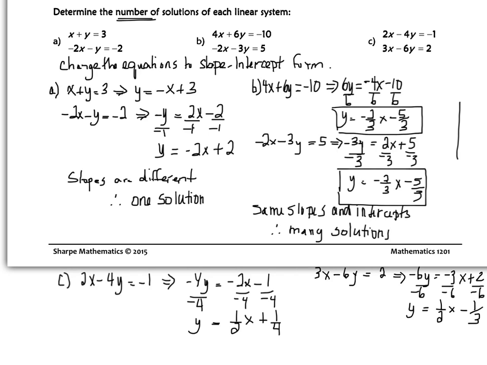So these ones have same slopes, different intercepts, which means the lines are parallel, so there's no solution.